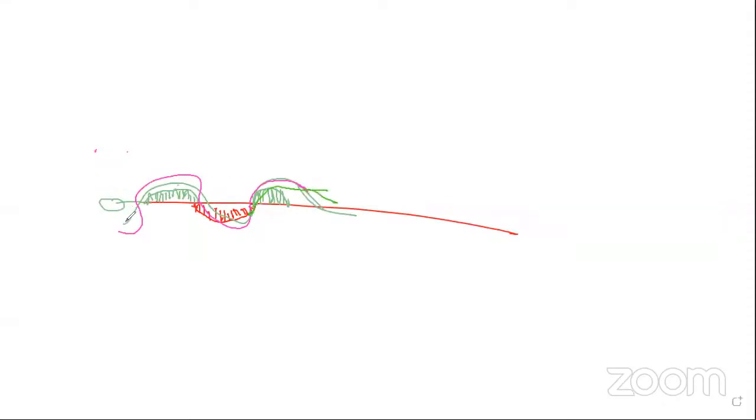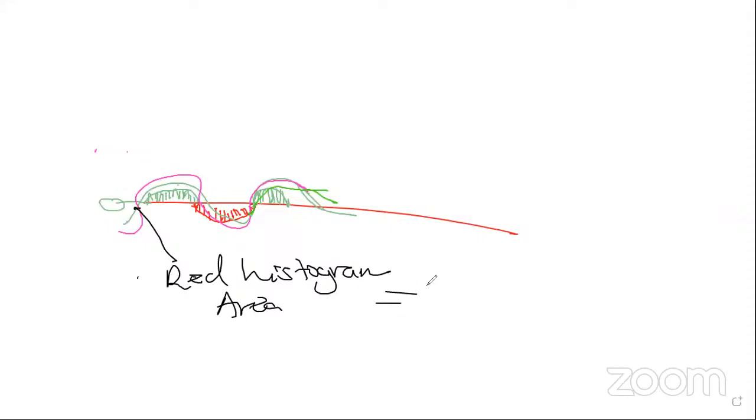So this is important. Listen to me. This is where the gist is, and I'll use the black color to write. When the crossover happens here in the red histogram area, the market moves up, the market will go up, but not too much.